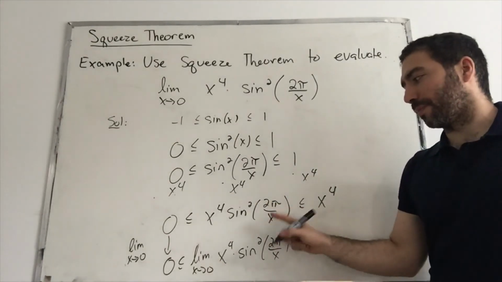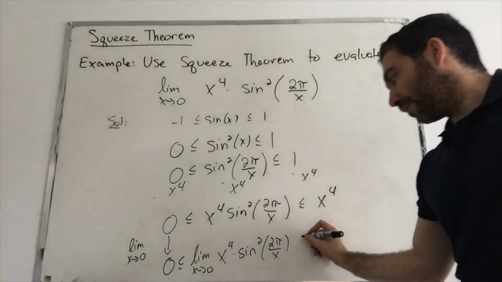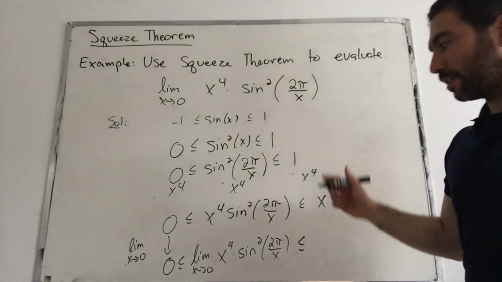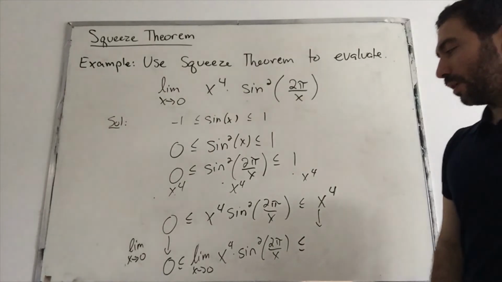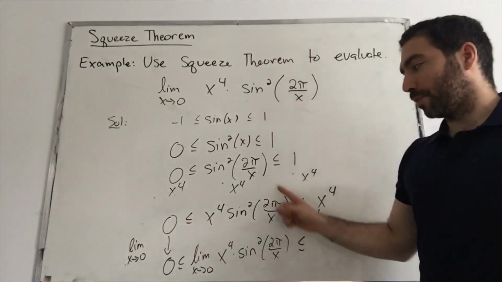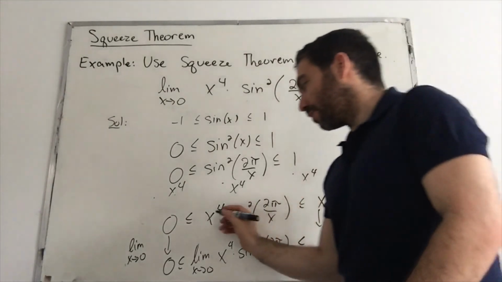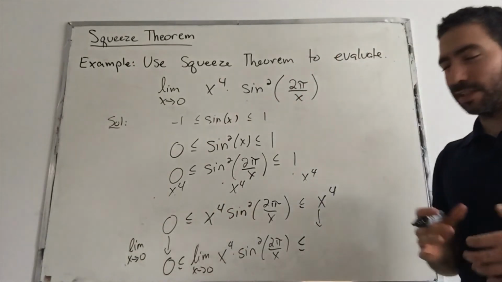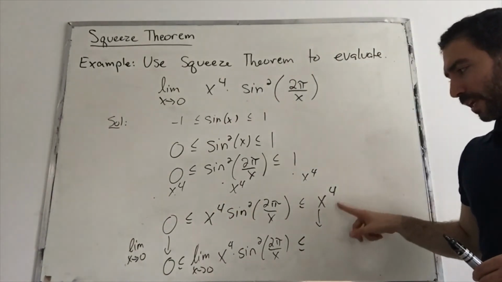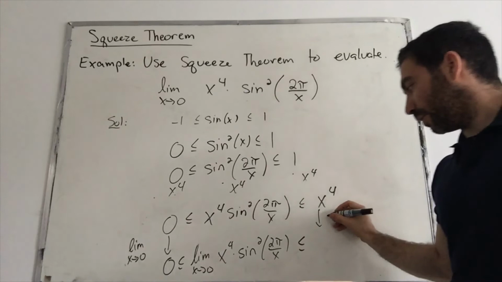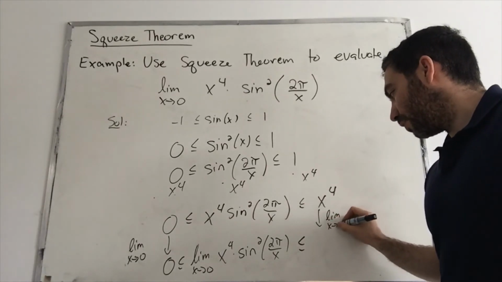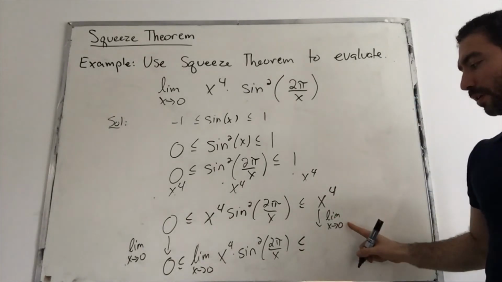So we get a number divided by 0, which we don't know how to deal with. In advanced calculus or in analysis, you will be able to do this. There's a different theorem that you could use, but I won't speak about this now because you don't usually see this in college. And lastly, we have the limit as x goes to 0 of x to the 4.